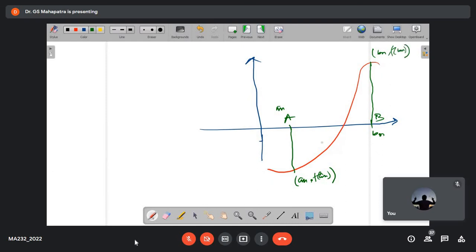So now I will write this one as P and this as Q. Now if you draw a straight line between these two points, you can check like that.